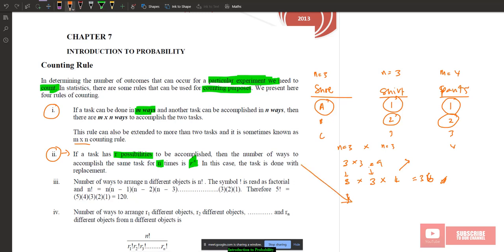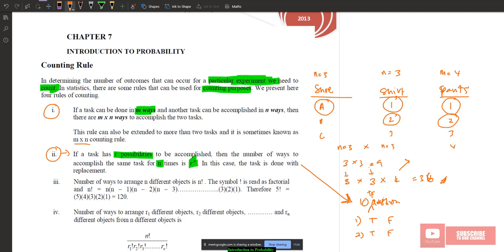if you have, let's say, 10 true false questions, right? So for the first question you can choose either true or false. The second question you can choose either true or false, right?